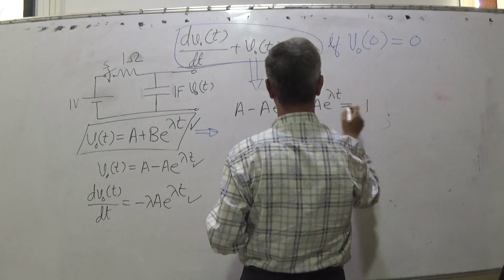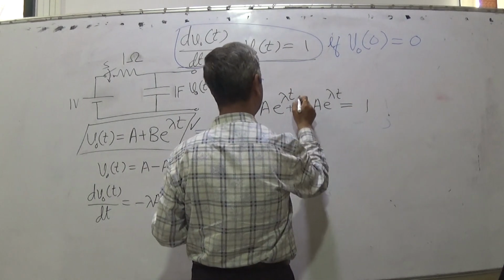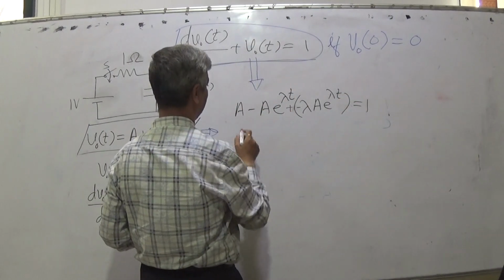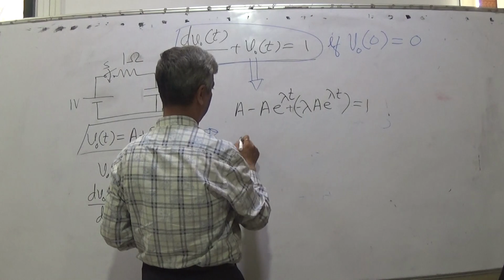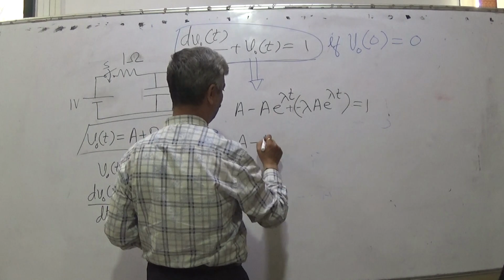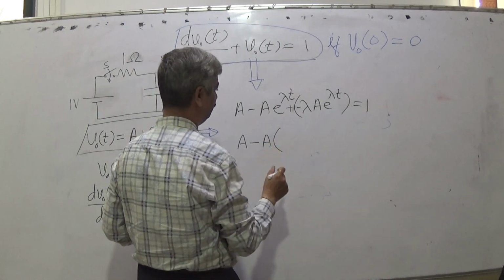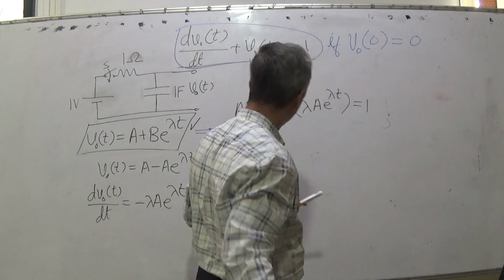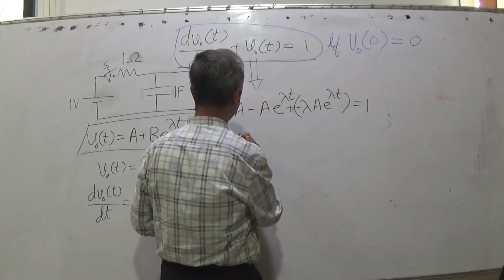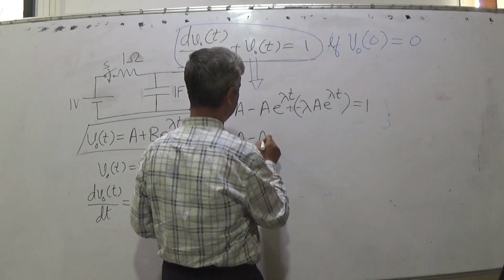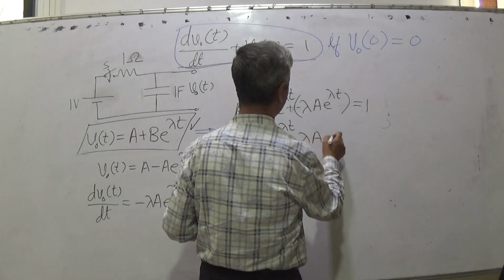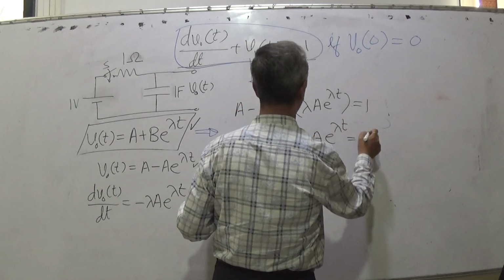is equal to 1. So this I write plus and into bracket minus, so that there is no rushing. So it is A, so this minus A common into bracket, or we should not jump to conclusion, so I write all steps. A minus A e raised to lambda t minus lambda A e raised to lambda t is equal to 1.